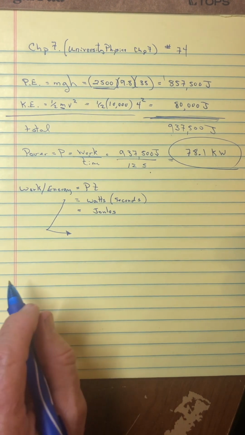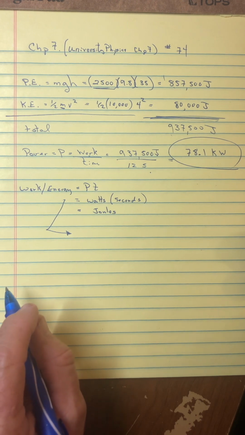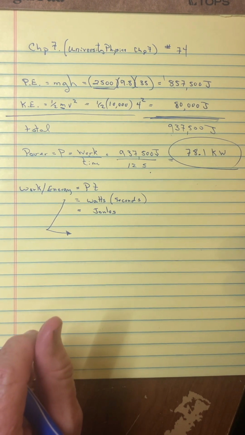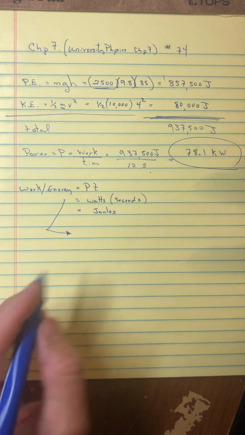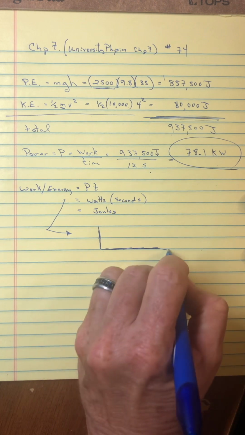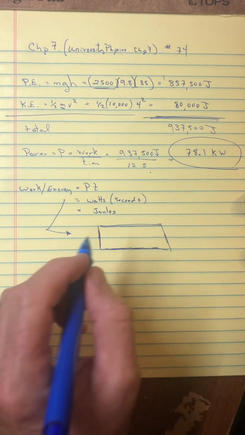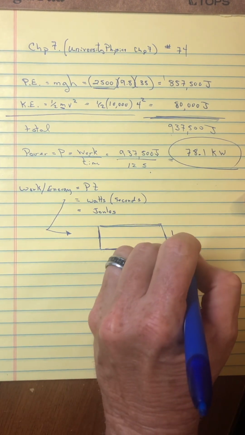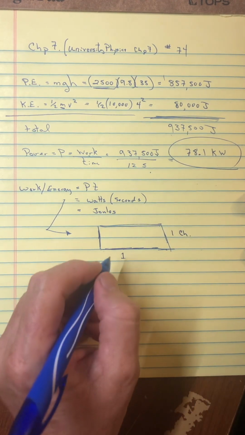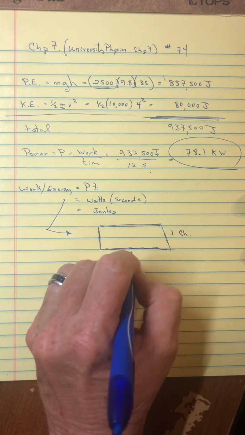In fact, that makes me think about an acre too. We use acre for area, but we also use square meters or square feet or square inches for area. In fact, what is an acre? An acre is a rectangle that is one chain by one furlong.